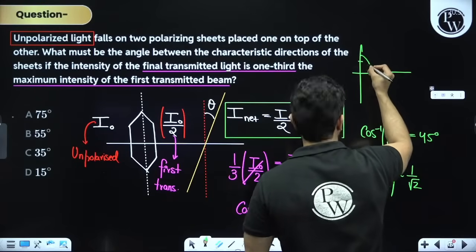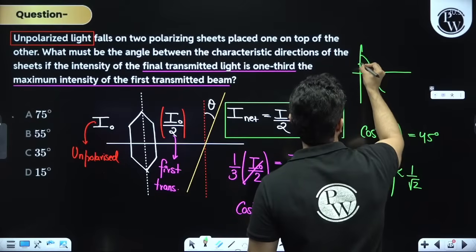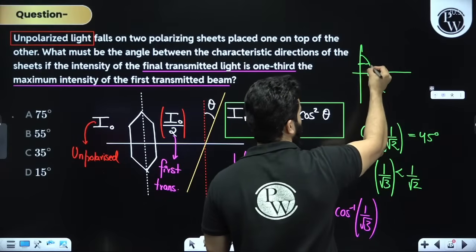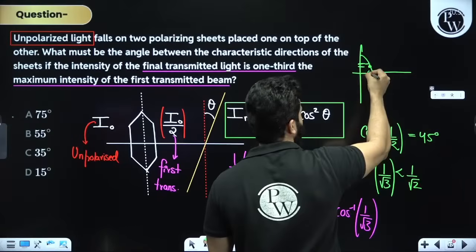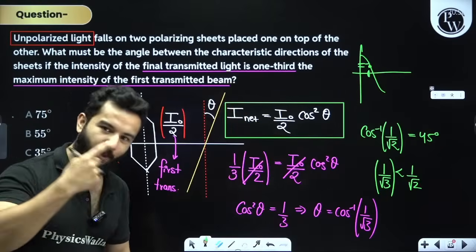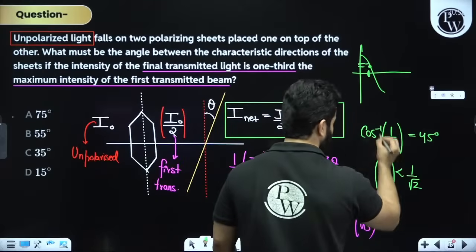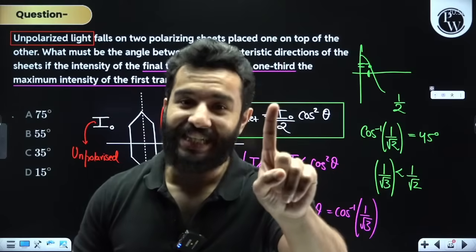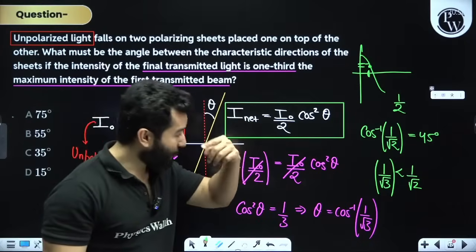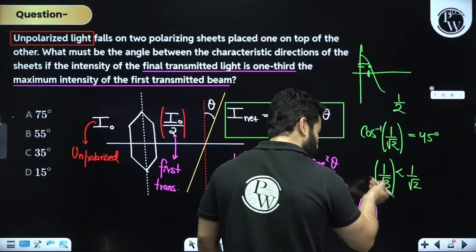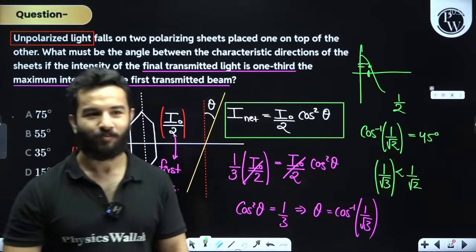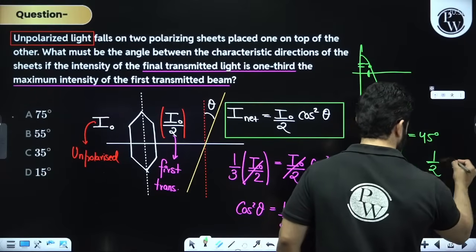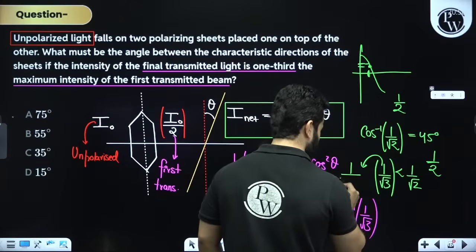So let's suppose this is 45 degree. So whatever this angle is for 1 upon root 3, it's going to be somewhere over here because its number is less. Got it? It's going to be more than 45 degree, and please note that you have got 1 by 2 also. 1 by 2 happens to be at 60 degree. 1 by 2 is greater than 1 by root 3. 1 by 2 basically means this, and 1 by root 3 basically means 1 by 1.7.